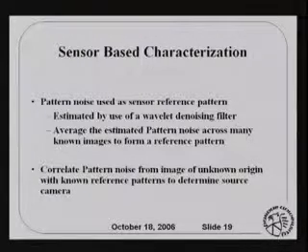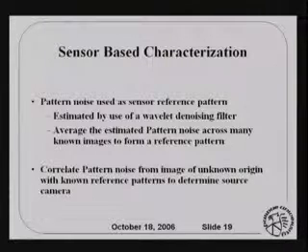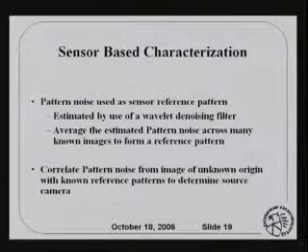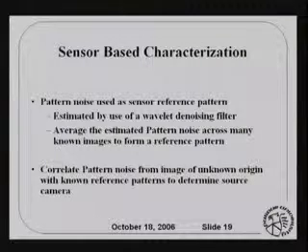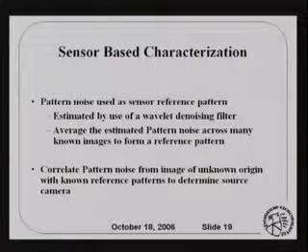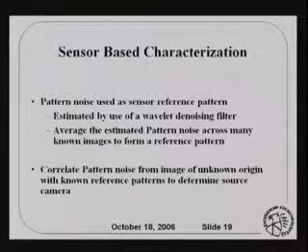That will give us the noise corresponding to that image. And if we average these noises, we will be essentially eliminating the random components and enhancing the fixed component of the noise. That way, by averaging the estimated pattern noise across many known images which are coming from the same source, we will have the pattern noise corresponding to that source. Then these patterns can be used in the classification step to classify an incoming image whose source is unknown.